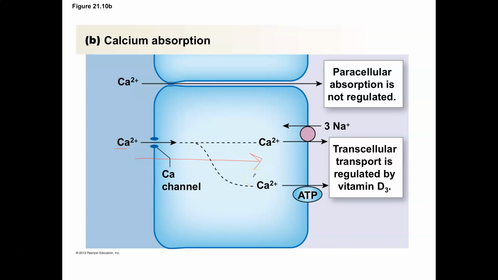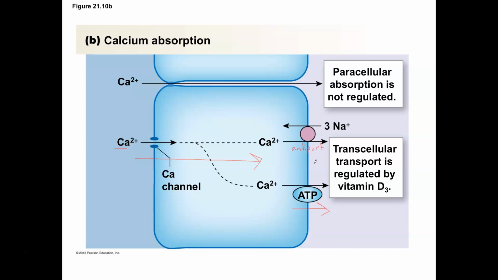Calcium enters the epithelial cells on the apical side using a calcium channel, an ion channel, and then it enters the extracellular fluid using either a calcium pump, which requires ATP, or a sodium-calcium antiport. So we have absorption of calcium from the lumen, and then we have pumping the calcium or using an antiport to get it into the extracellular fluid.